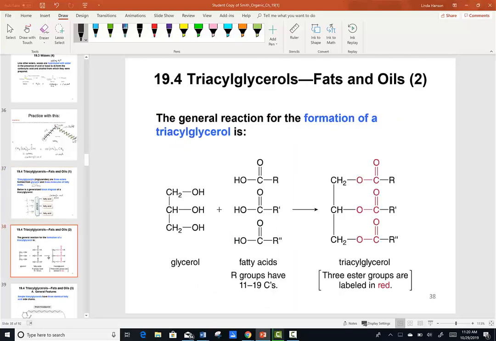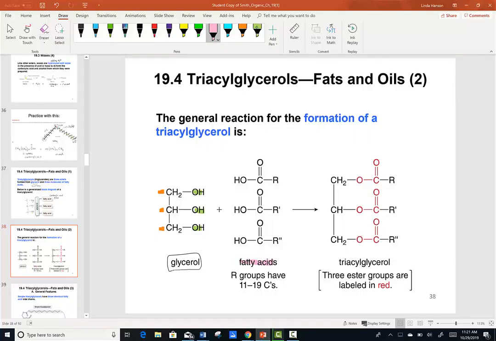Well, let's get a little more specific with our examples. I mentioned that here is the molecule of glycerol. Glycerol is a 3-carbon chain, and each of the functional groups on those carbons is the hydroxyl OH. In addition to the glycerol molecule, we have 3 fatty acids.